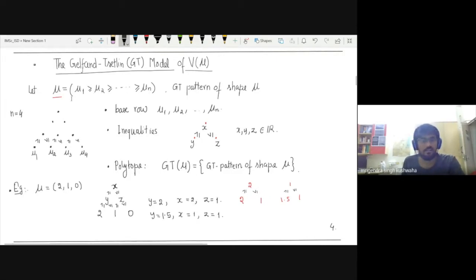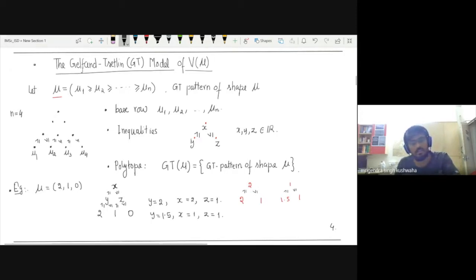A GT pattern is a triangular array, denoted here by these triangular dots, where the base row is labeled by the partition mu: the first dot is mu_1, the second mu_2, and so on. The other dots you fill with real numbers, but with some condition.